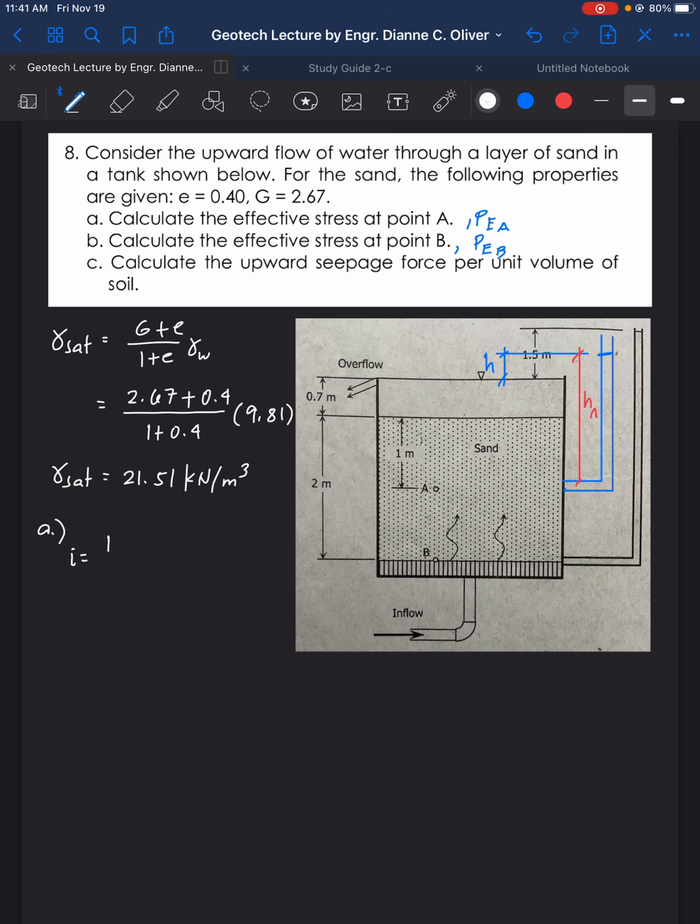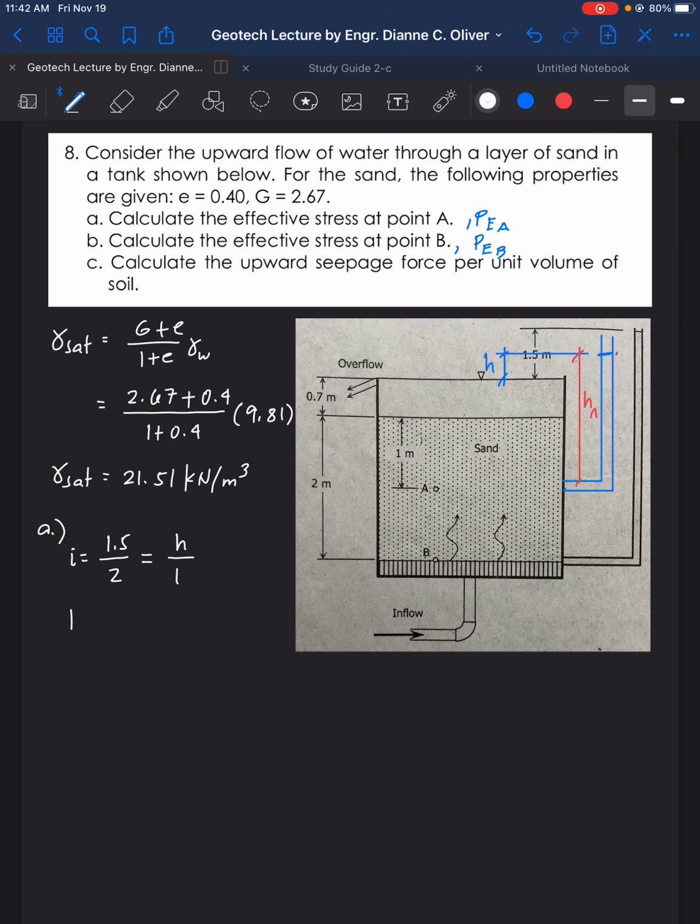So 1.5 over 2 is also equal to, for point A with the tube inserted at point A, H over, what's the distance? 1 meter.